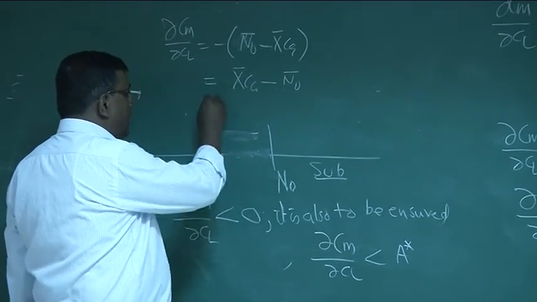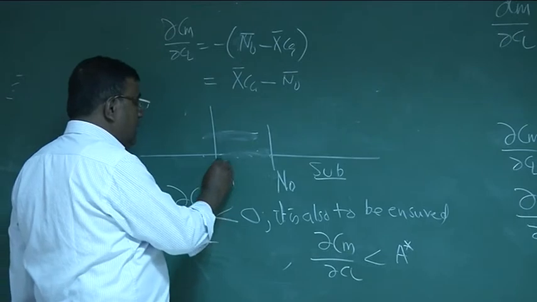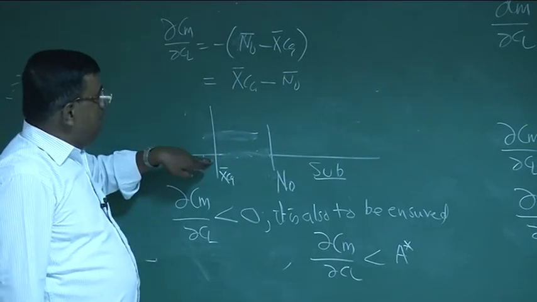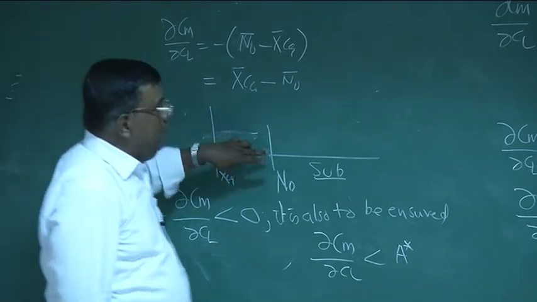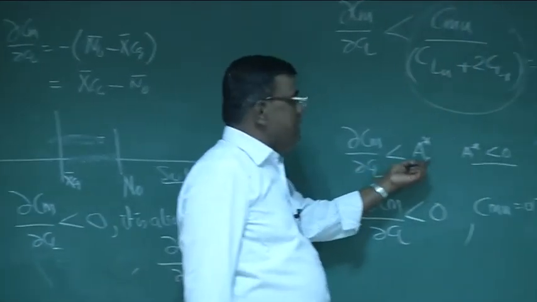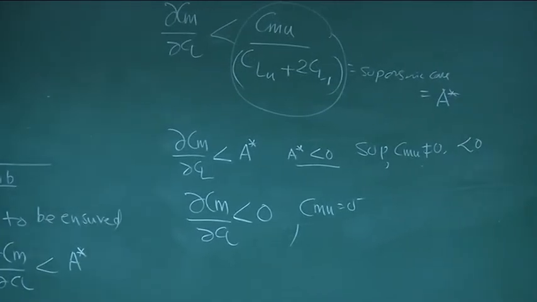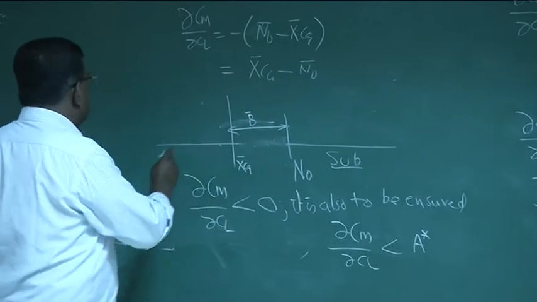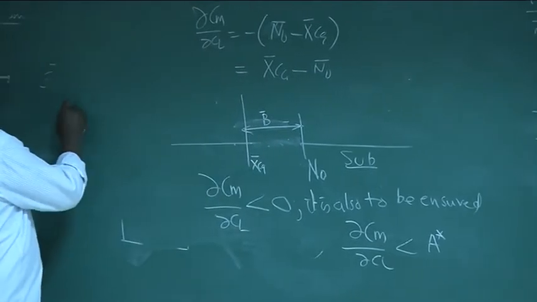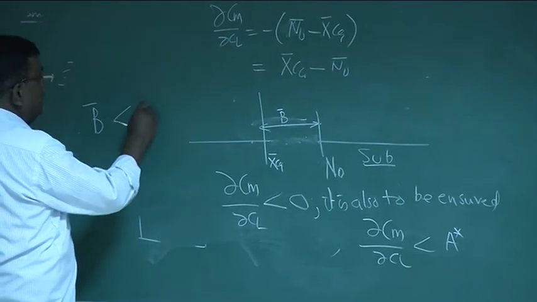So that means just putting the CG here ahead of N0 will not be sufficient. You have to ensure that the CG is such that xCg minus N0, this separation, will now be governed by A star. That is, this distance, okay, if I say B, for the supersonic case this B should be less than A star.